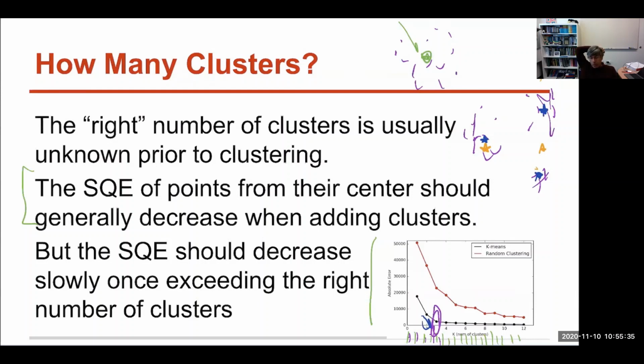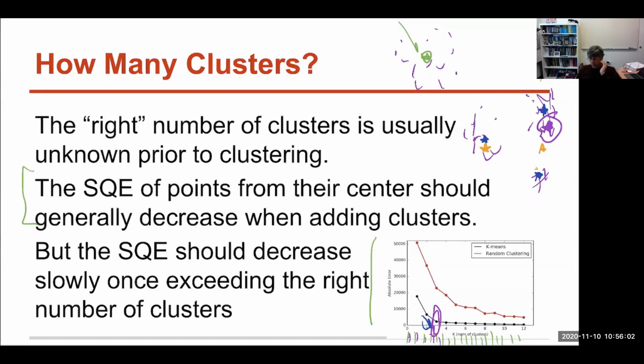If I did it with 4 clusters, what's going to happen? Maybe I will add another cluster center over here and create a 4th cluster. But that last cluster I add is not going to drastically reduce the amount of error.